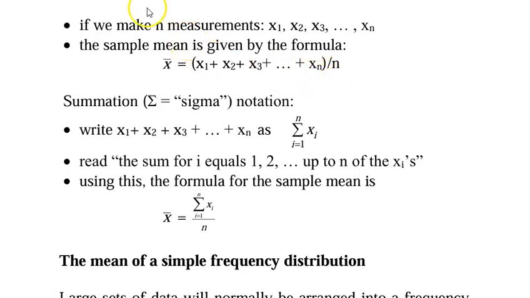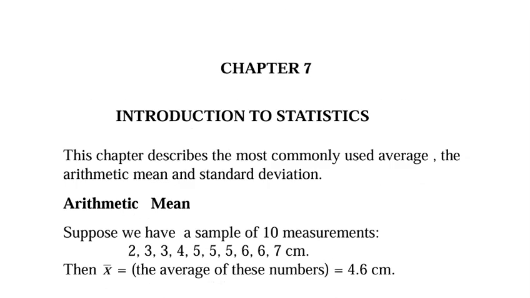What is n? n is the total number of measurements that we have. In our first example, we have 10 measurements: 1, 2, 3, 4, 5, 6, 7, 8, 9, 10. So 10 is our n.